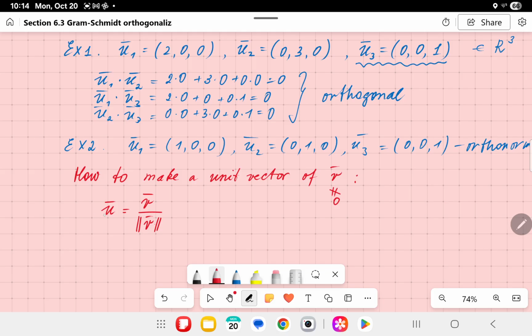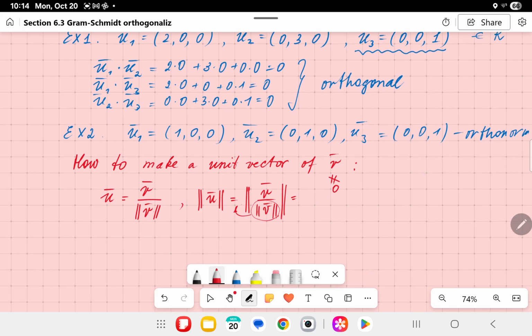So why is it going to be a unit vector? Let's calculate the norm of vector u. The norm of vector u is going to be the norm of vector v divided by the norm of vector v. Because this is just a number, I'm going to take it outside of the norm.